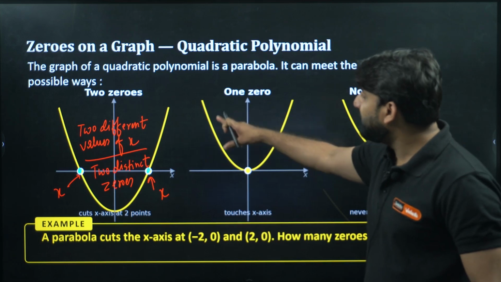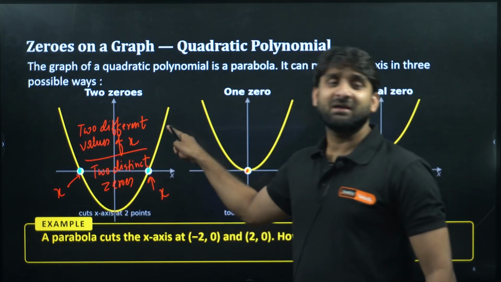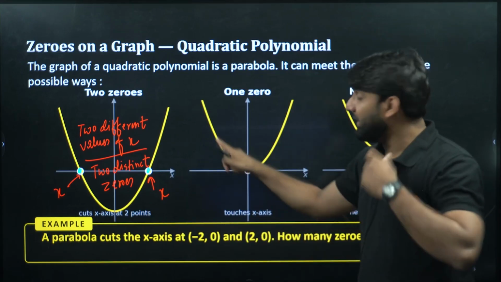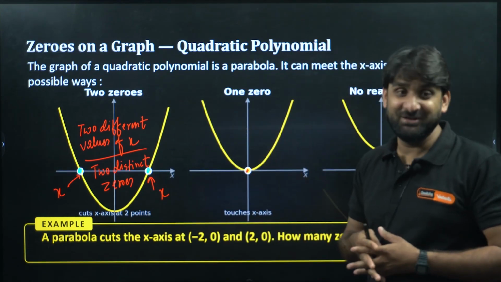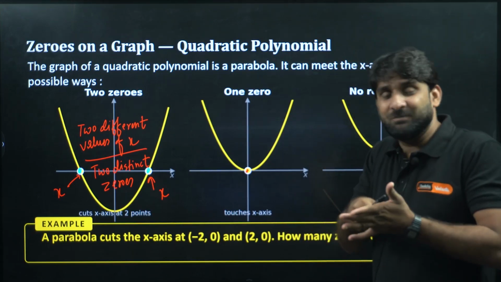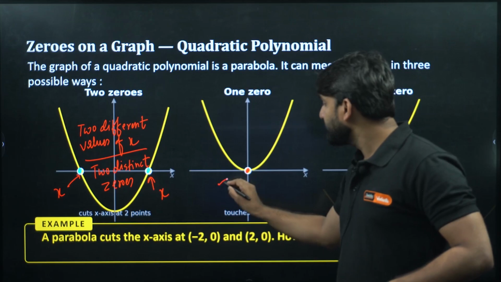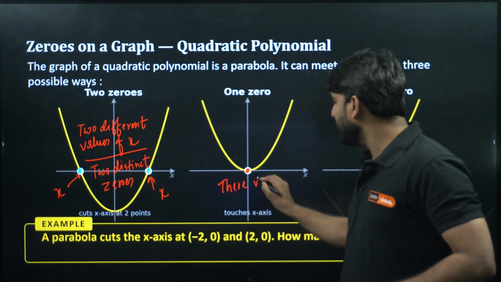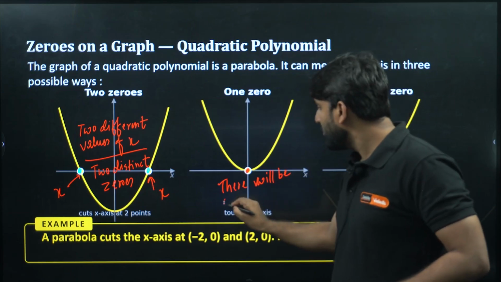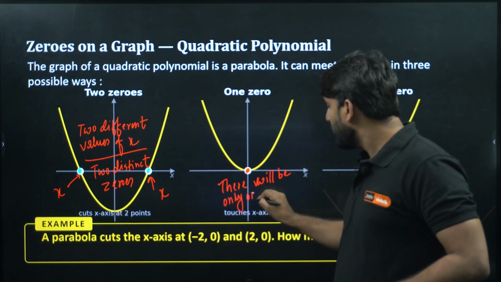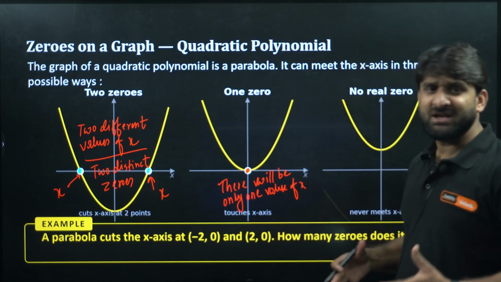But if the parabola is just touching the x-axis, can you see this parabola is intersecting the x-axis at 2 points, and this parabola is just touching the x-axis. Parabola indicates a quadratic polynomial, but it is just touching. So at this point, there will be only one value of x, because it is just touching the x-axis.